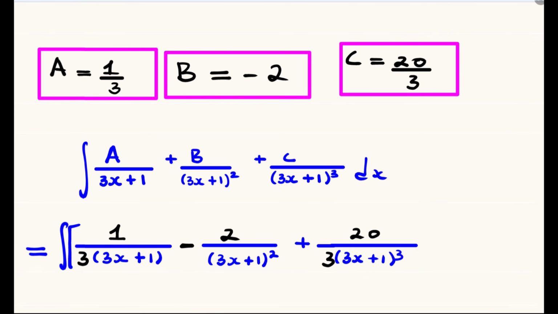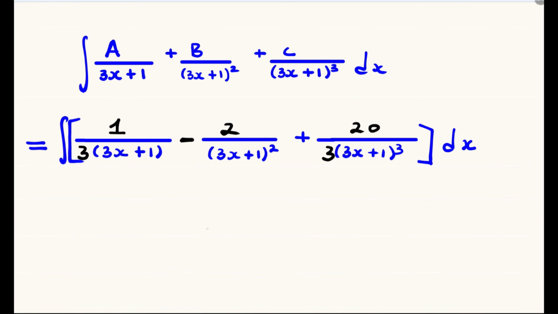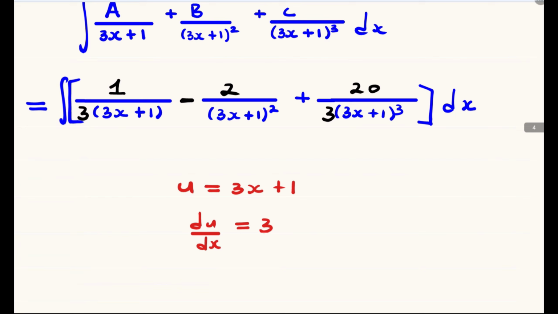We are integrating with respect to x. To integrate, we can use the u-sub method, where we let u equal 3x plus 1. Differentiating u with respect to x, the derivative of 3x is 3, and the derivative of 1 is 0.